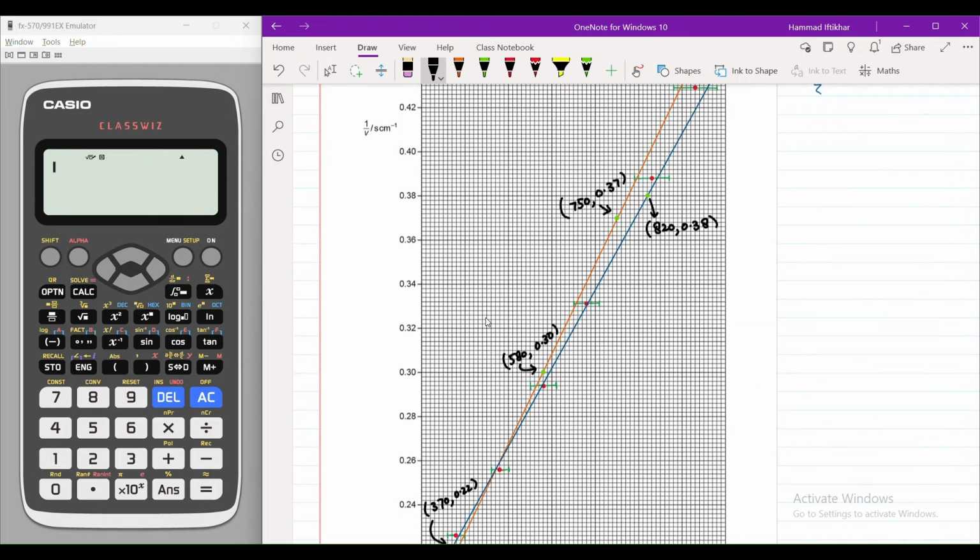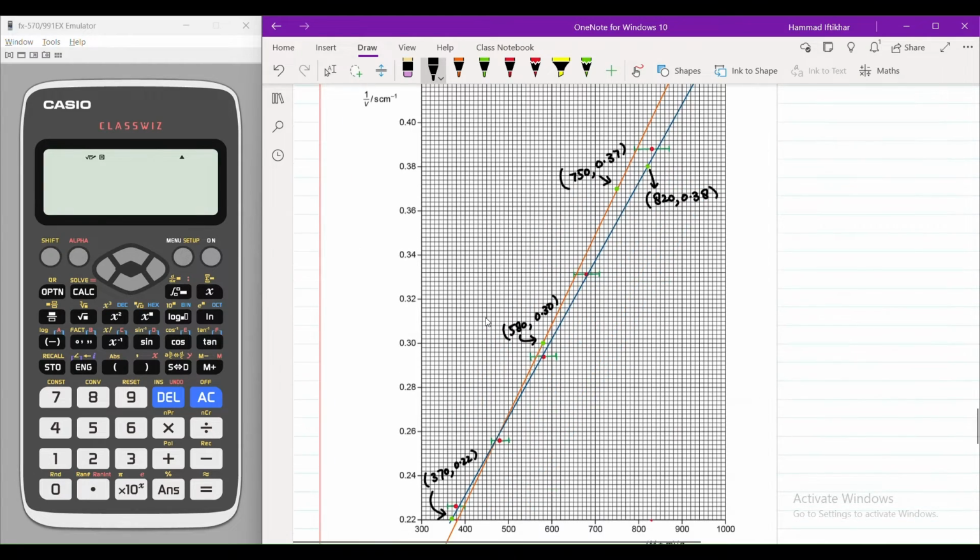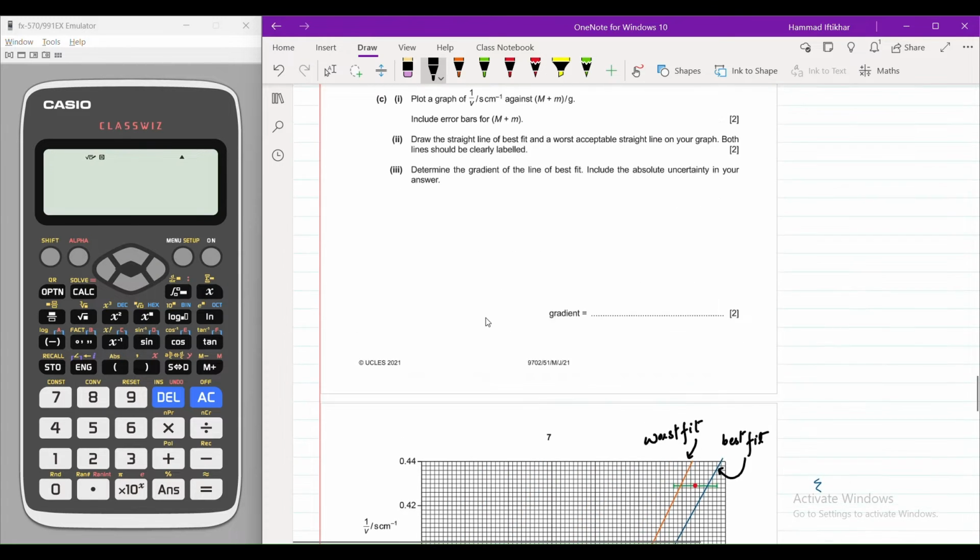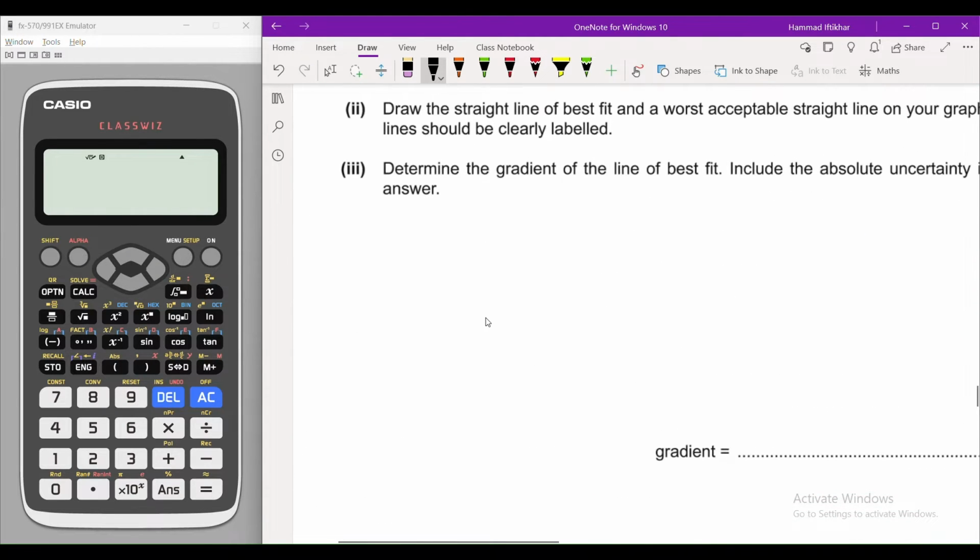Right, okay. Sorry, let's label this. Now we go to our gradient of best fit.